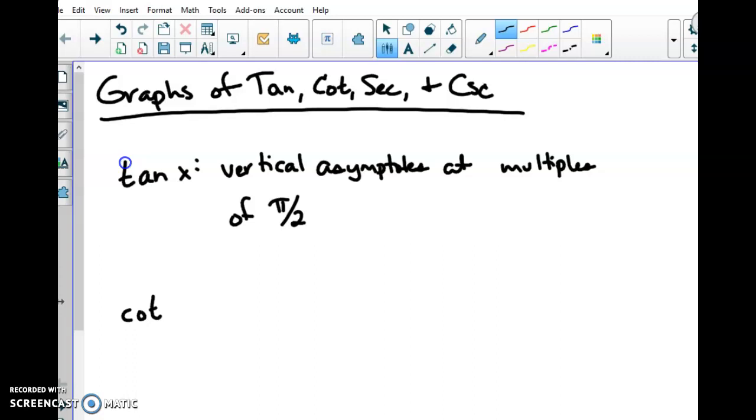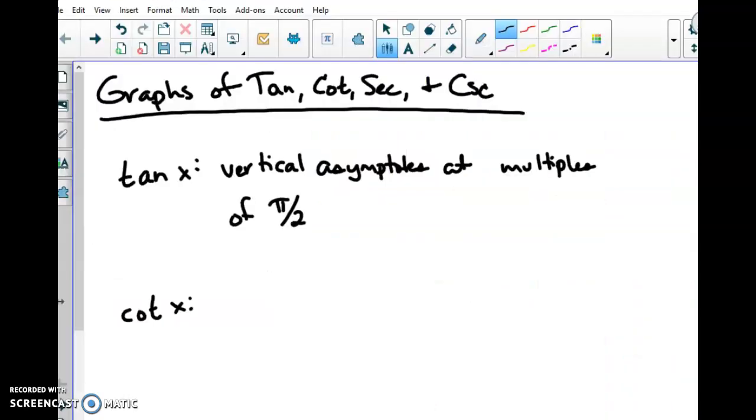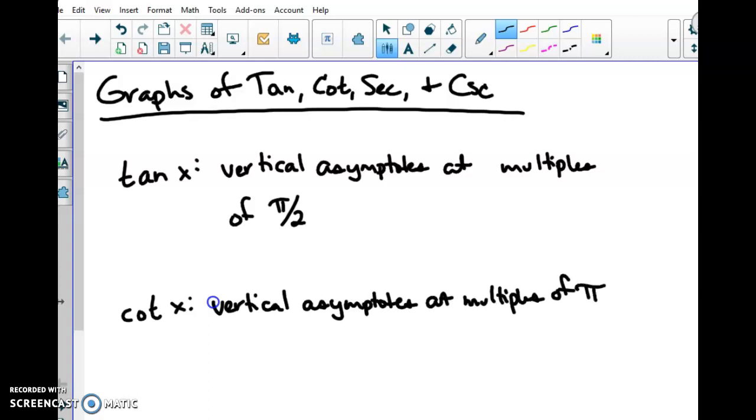The cotangent graph, like we said, is where it occurs at 0. So if we're looking at our graph here, this is going to be at every pi value instead of every pi over 2. So like I said, connected to each other.